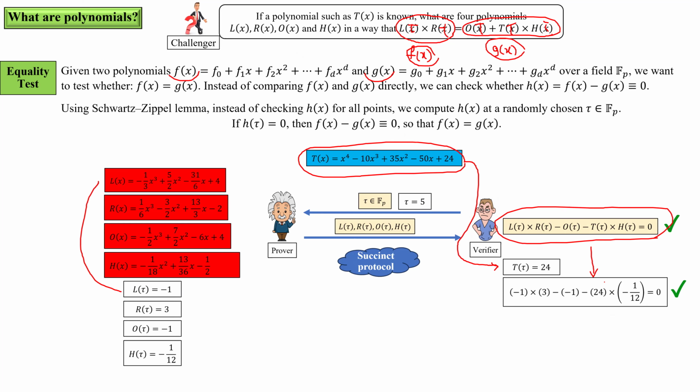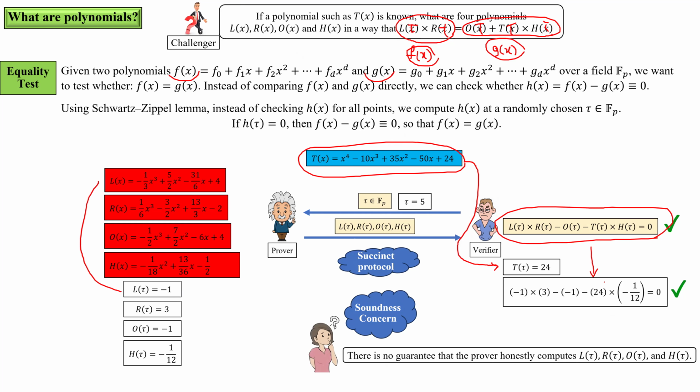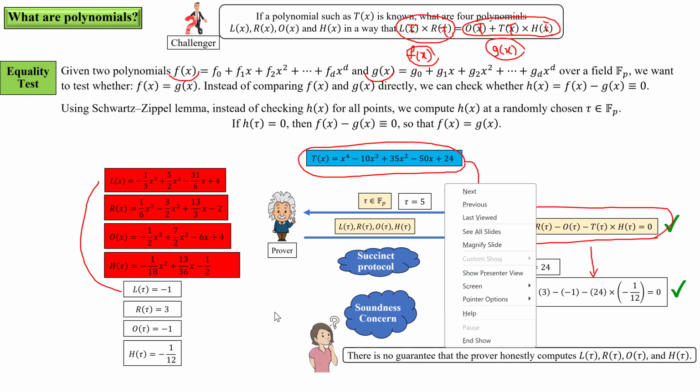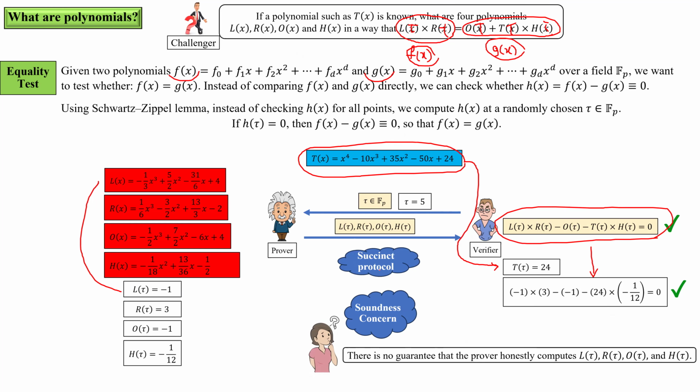So this succinct protocol, however, suffers from another concern, and that is the soundness concern. The concern here is how we can guarantee that the prover really sends the exact evaluation to the verifier, right? So the question is, what if the prover sends some other evaluation to the verifier? For instance, suppose that a prover doesn't know the four polynomials, right?